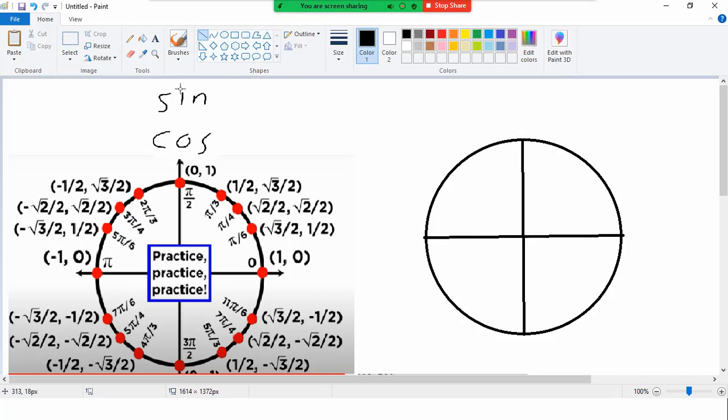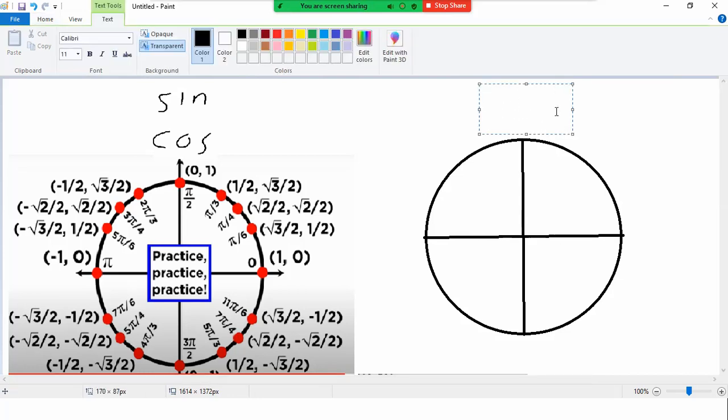Let me make this a little bit more visible, that looks better than me drawing it out with my finger. That did nothing. All right, but this, bam. Sine, cosine here.